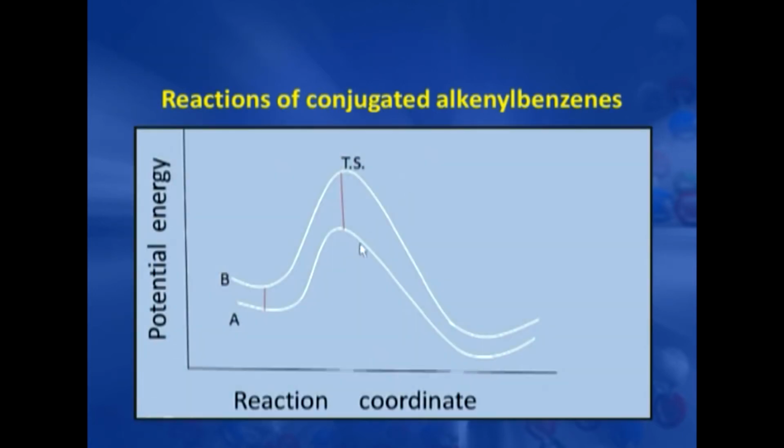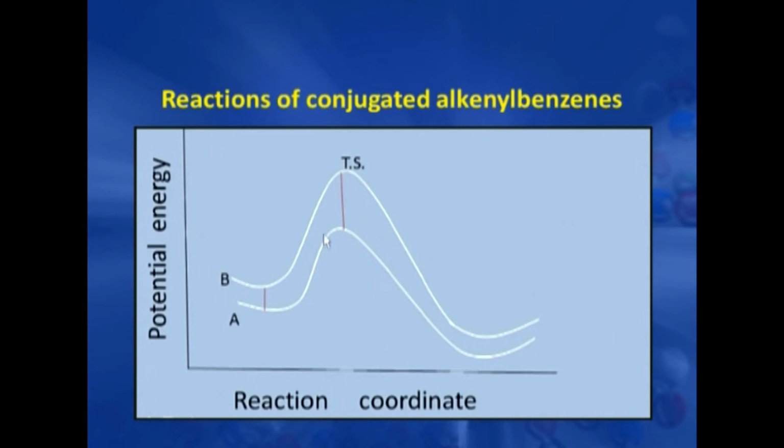That we can discuss by taking this potential energy curve. This curve A is for conjugated alkenyl benzene and B is for simple alkene. Now, we can see this is the stabilization of the reactant; the alkenyl benzene is more stable than the alkene, but this energy difference is less as compared to the stability of the transition state.